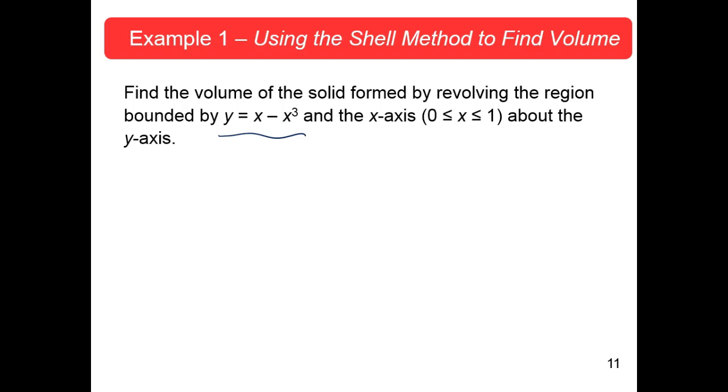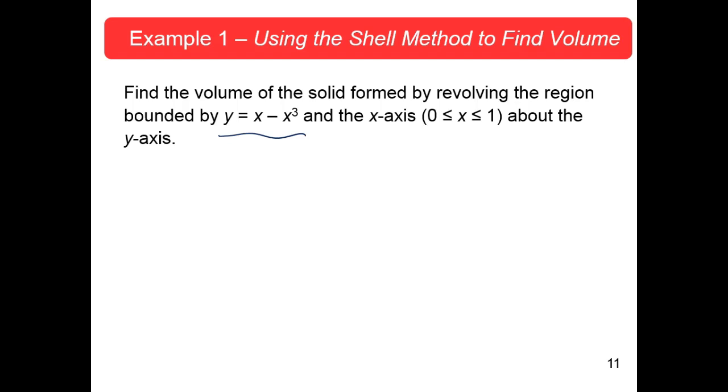So I said it backwards. We want dx's, and the x-axis, between x equals 0 and 1. Yes, dx's look good there too, because your limits are for x's. About the y-axis, a vertical axis, it's going to be a shell.